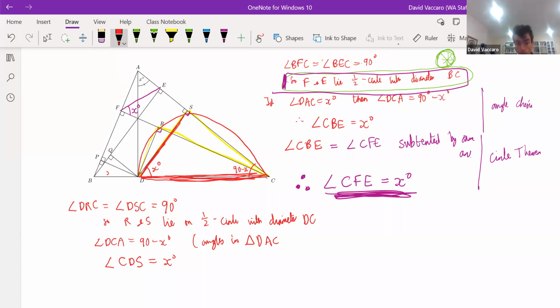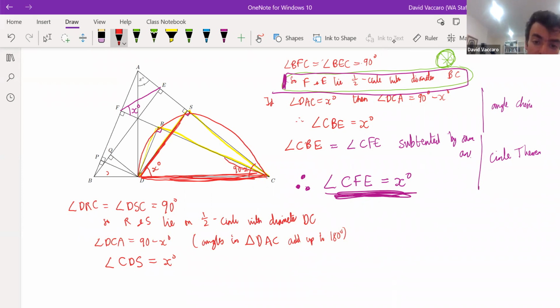We wanted to draw circles because there's lots of nice theorems about circles. Someone suggested CRS.